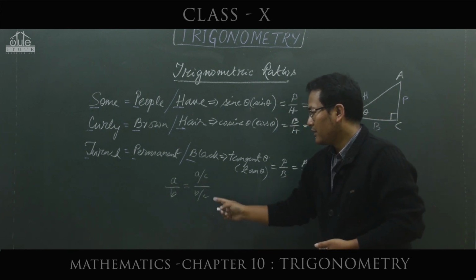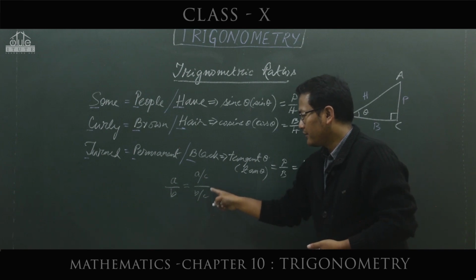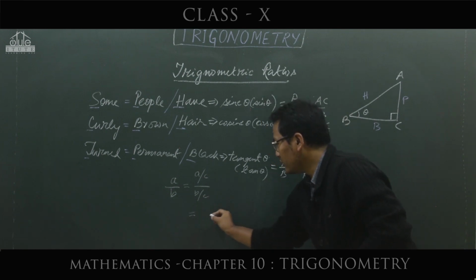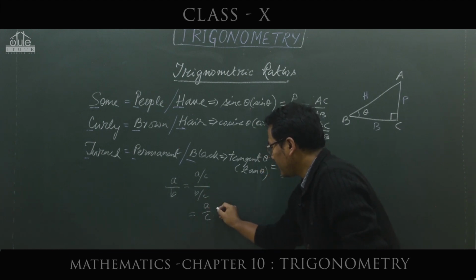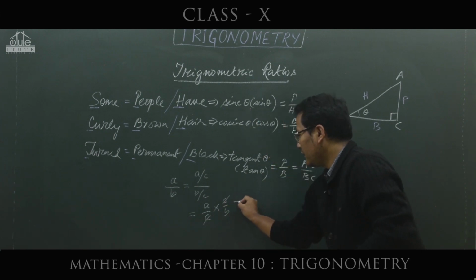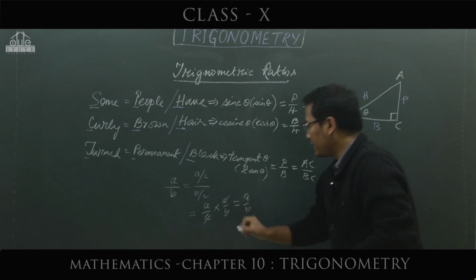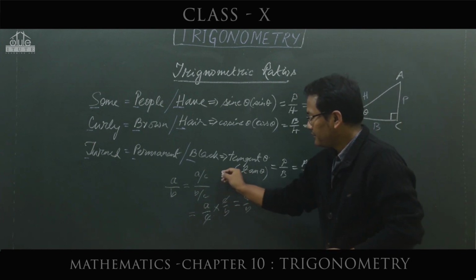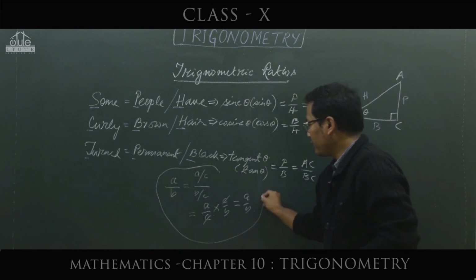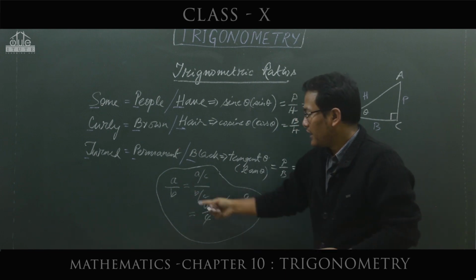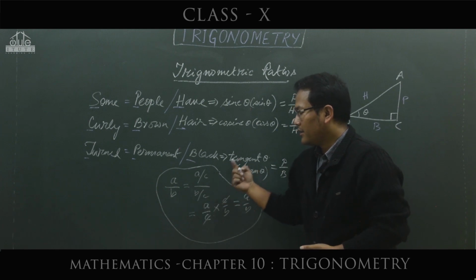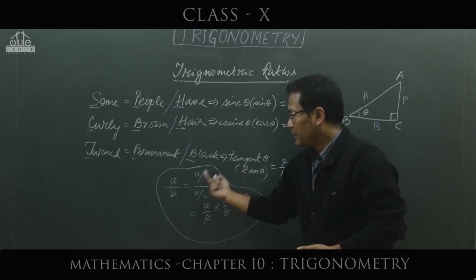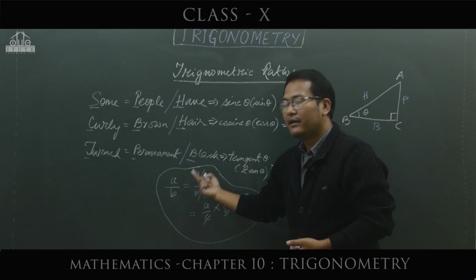If I simplify this further, you will see that this is equal to A by C, and the denominator turns into C by B. So this and this cancel, and finally I have A by B again. So if a fraction or a rational number is given and we divide both the numerator and denominator by the same number, then it does not affect the value of the fraction.